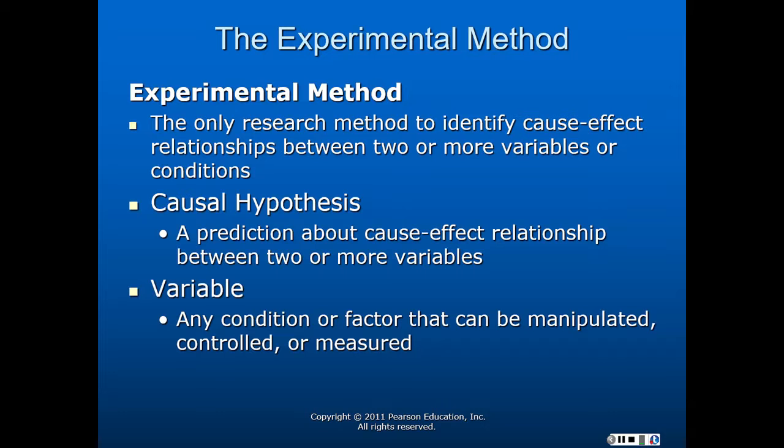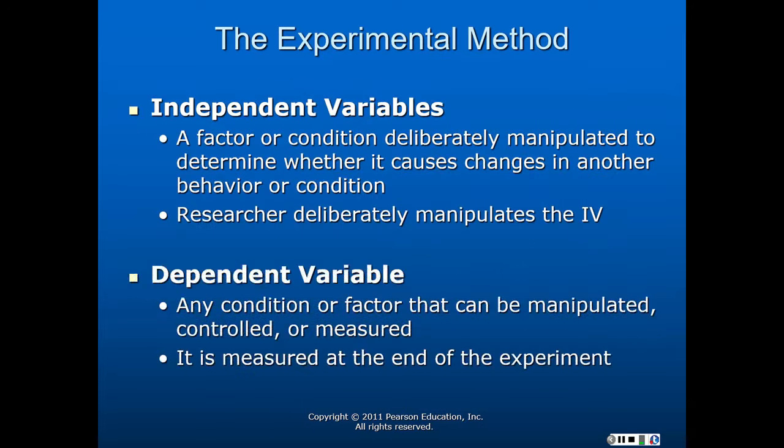It's also important to identify the word variable and provide a definition for it. A variable is any condition or factor that can be manipulated, controlled, or measured. As we know, there are two major types of variables in an experimental study.